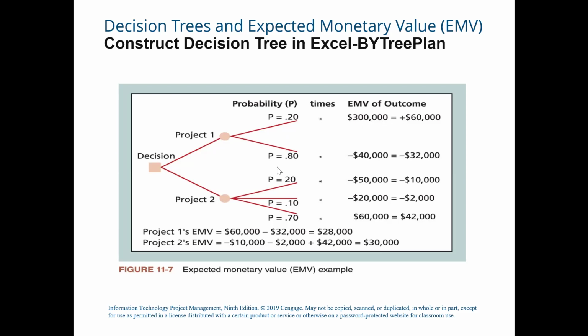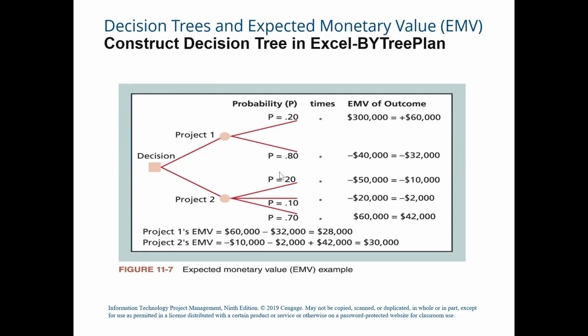But the probability of losing this project is 0.8, 80%. If we lose this project, the effort, time, and other things we invested in preparing the bid for project number 1 will cost us minus $40,000.